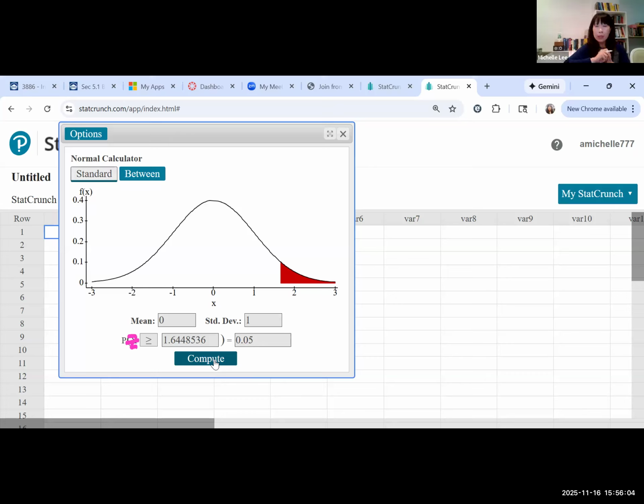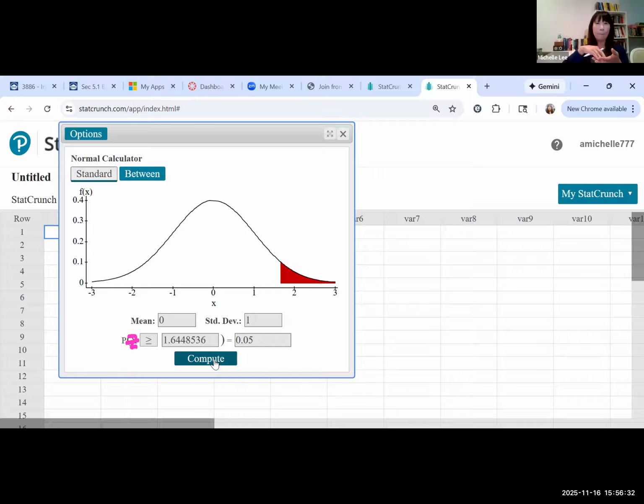Okay, so we have 1.6448, right? Normally we have z-scores to 2 decimal places, but sometimes we have a special z-score with 3 decimal places. So this is the one special case. So it's 1.645.